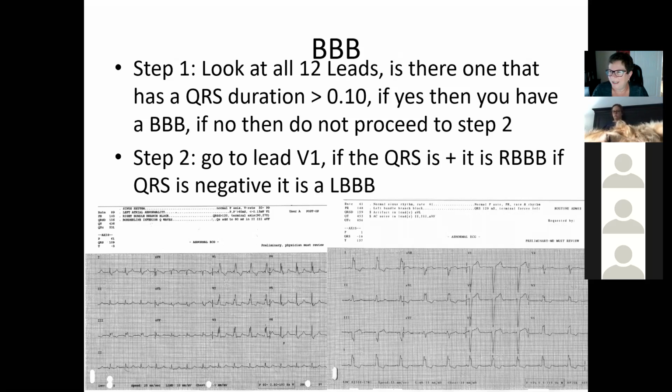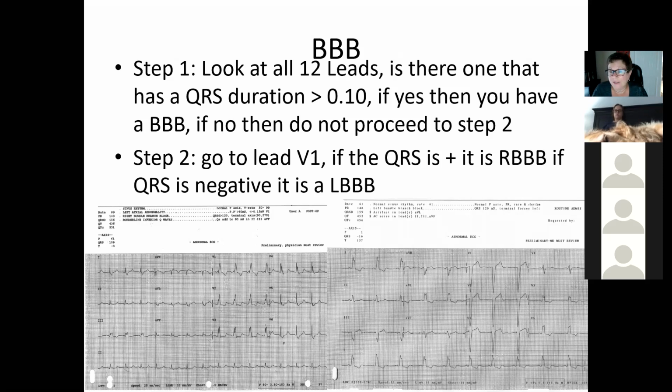So I'm talking to her, I said, so are you sure they said left bundle branch block? And well, I mean, whatever, left or right, what's the difference? And I thought, actually, there's quite a big difference.